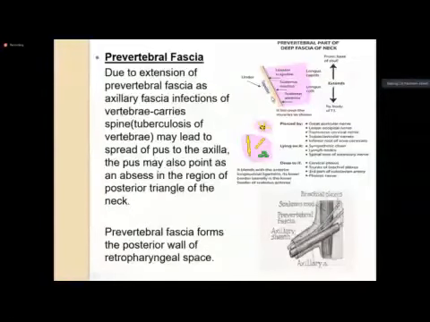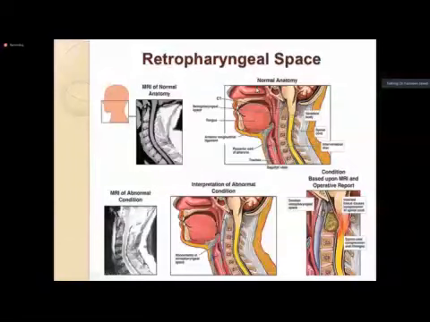आपके जो oropharyngeal opening है, this is oral cavity and this is pharynx. Oropharyngeal opening में आपको जो posterior wall नजर आती है pharynx की, वहाँ पे ये space है, and that is present between the prevertebral fascia and the buccopharyngeal fascia. So this is the buccopharyngeal fascia and this is the prevertebral layer.